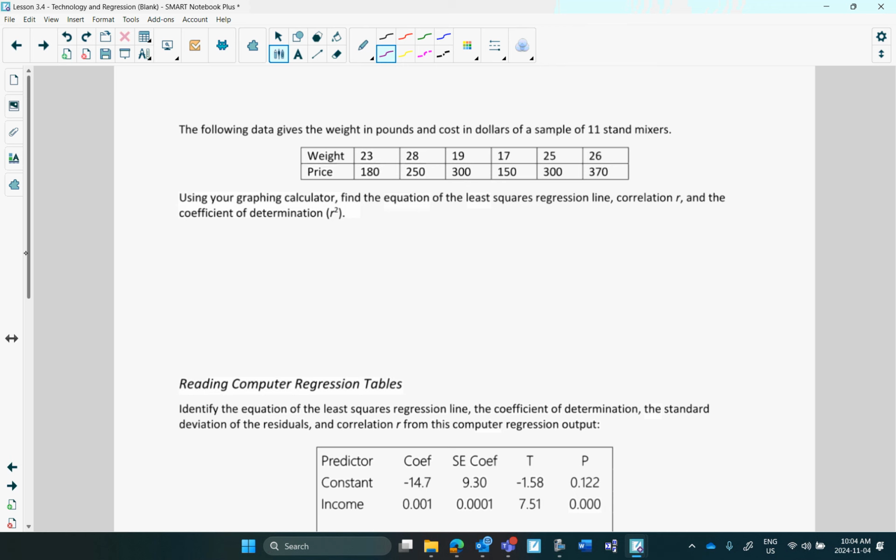So now we want to go to the function that's going to calculate everything for us. To get out of this list, just go second mode. Now, before we do this, hit mode again.